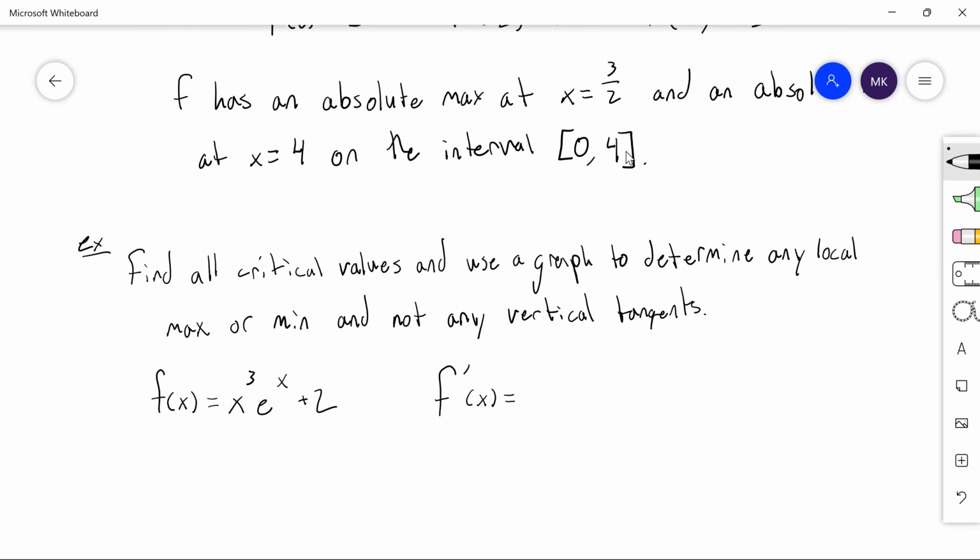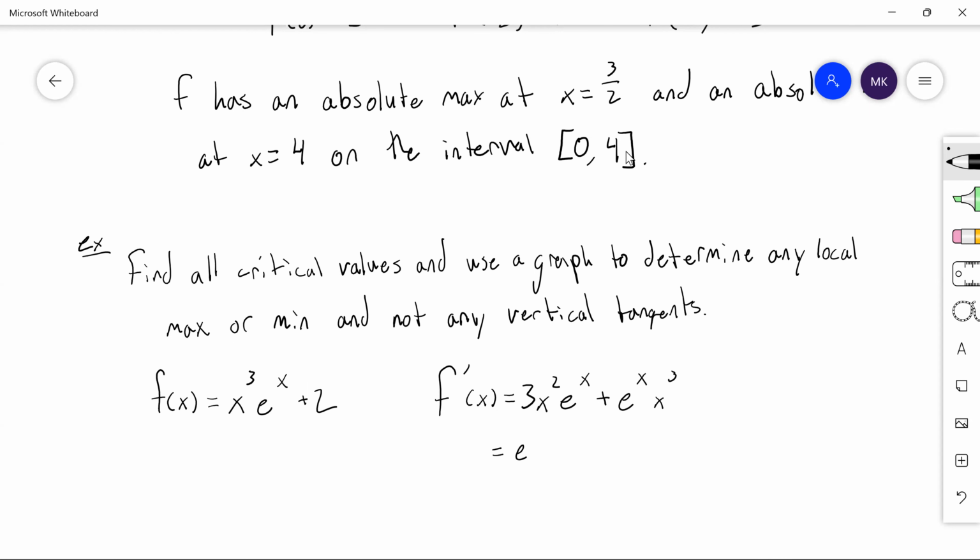And so this is just the product rule. So we're just going to take the derivative of the first. So we get 3x squared times the second plus the derivative of the second. And the derivative of e to the x is e to the x times the first. And we'll factor out. I see I have x cubed or x squared in both.